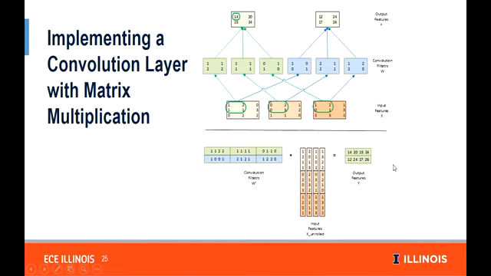So let me say one more thing. This is also extremely important. When we look at this weight matrix or filter matrix, I actually didn't do anything. The reason is, when I store this little filter matrix in memory, it's actually stored in row major order, right? So it's actually 1, 1, 2, 2 in the memory.